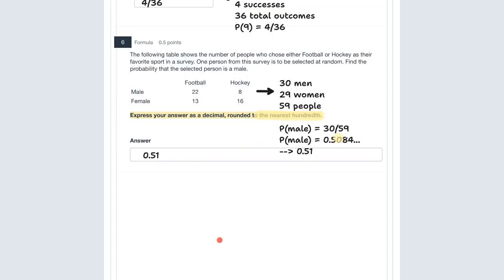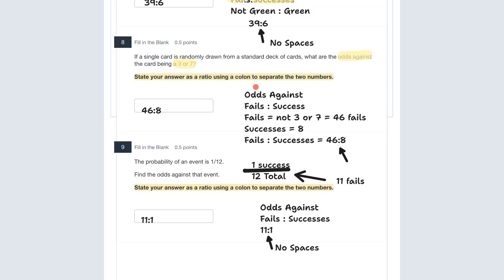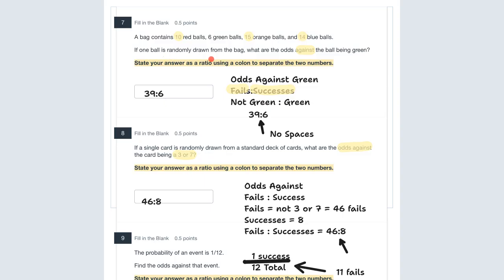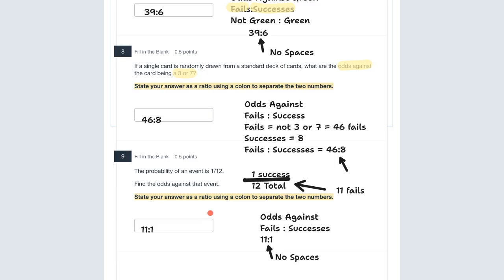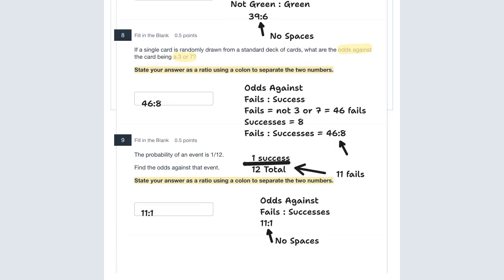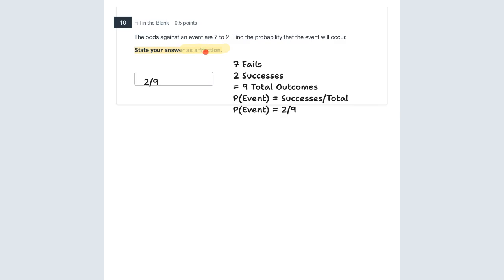Make sure we did that correctly. 7 was a ratio, a colon separating the two numbers. 8 was a ratio. 9 was a ratio. Right? Most common mistake on this one is stating fractions where you should be stating ratios, or the other way around. And number 10 we just saw. State your answer as a fraction.